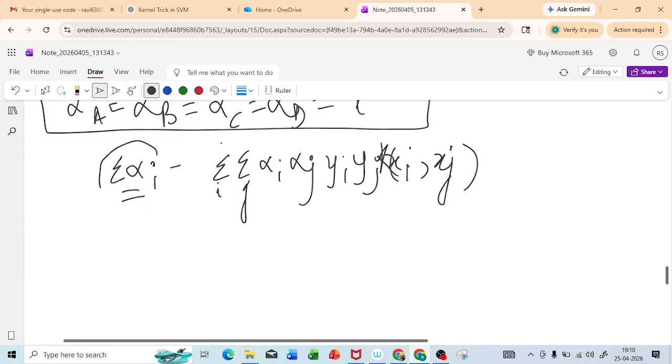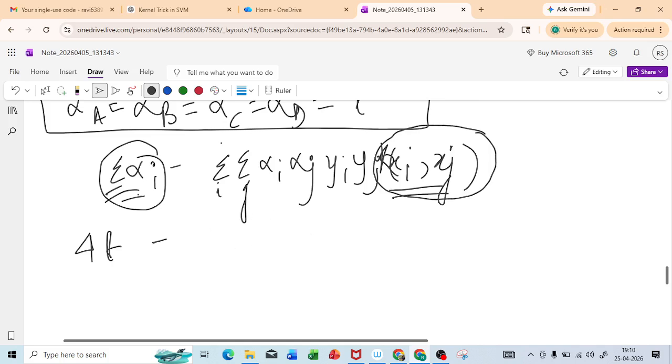Now if you look into this, all alphas are equal and we are talking about 4 points, so the first term becomes 4t. Elongated, it is alpha A plus alpha B plus alpha C plus alpha D, and since each alpha is the same, it becomes 4t. Now we had already calculated this point; this is the vector form which we calculated.